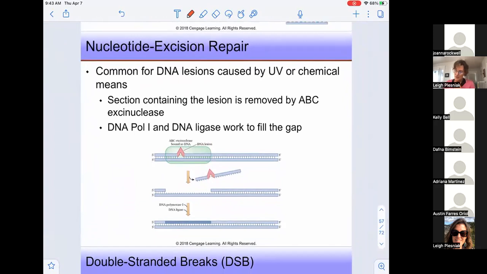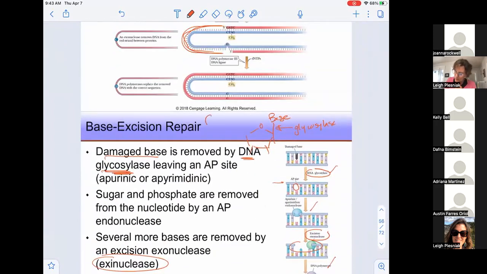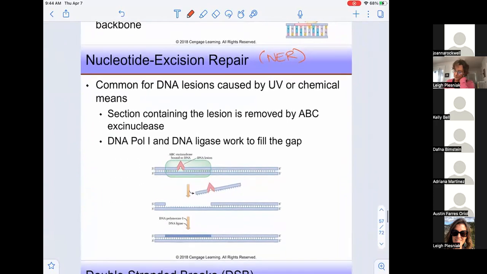And then another kind is nucleotide excision repair. Actually, base excision repair is often abbreviated BER, and nucleotide excision repair is abbreviated NER. And this is often a repair mechanism for UV damage. And again, DNA polymerase 1 and DNA ligase are involved in the mechanism.